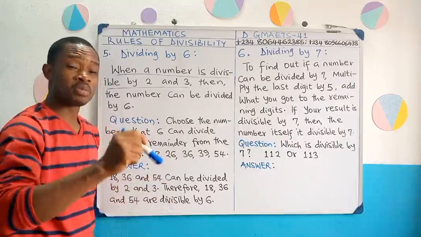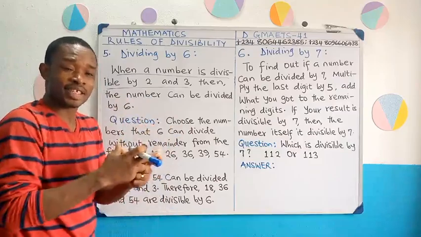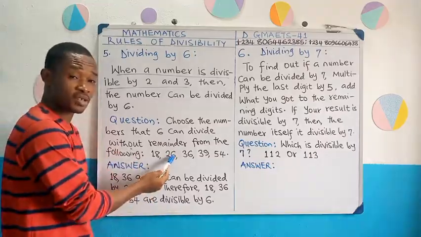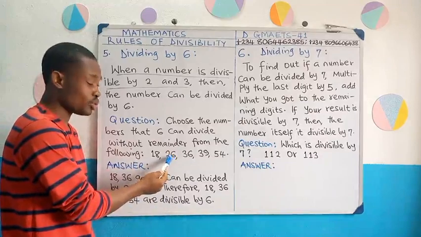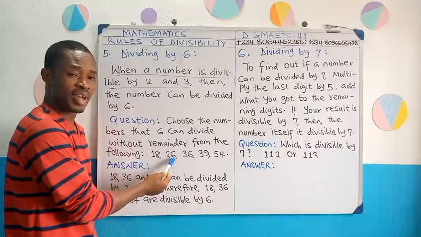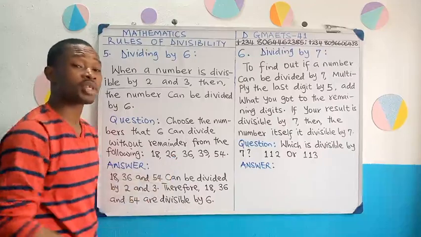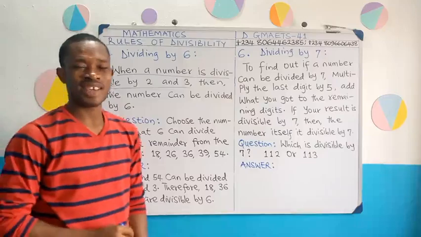For a number to be divisible by 3, the digits in the number when added should give you something that 3 can divide. If I do 2 plus 6, I will get 8. Can 3 divide 8? Not at all. If you go to the 3 times table, you cannot multiply 3 by anything to get 8. Therefore, 3 cannot divide 8.